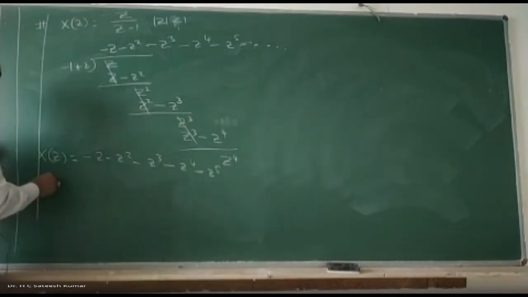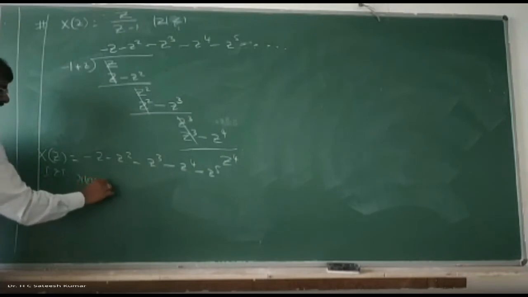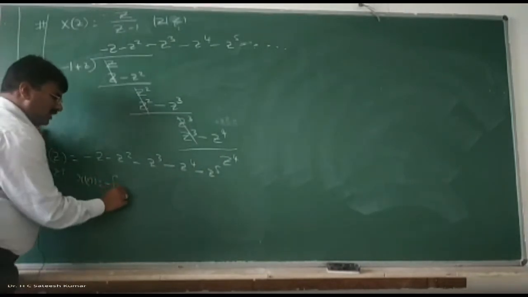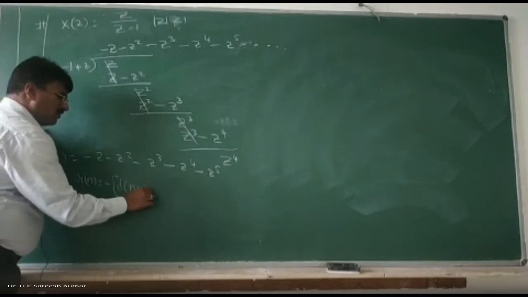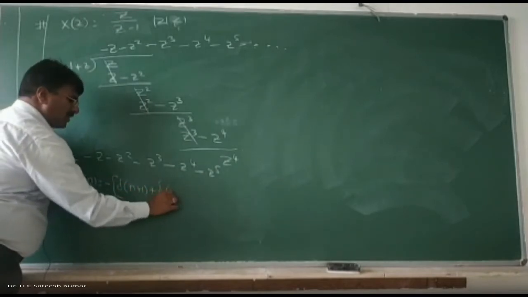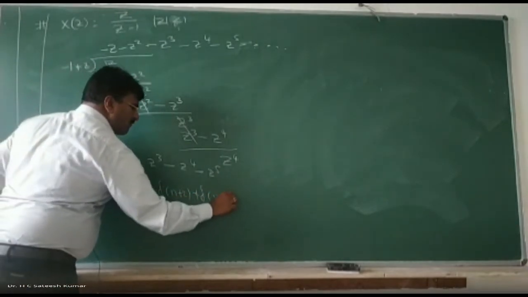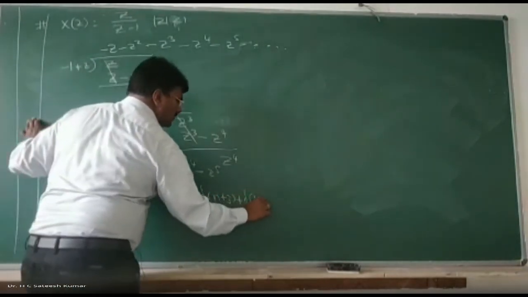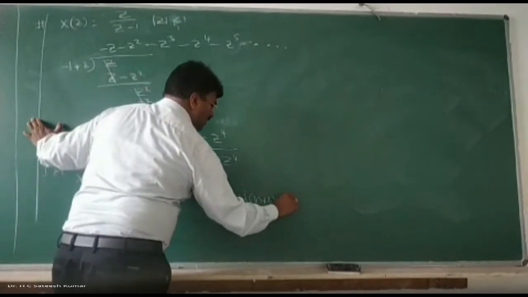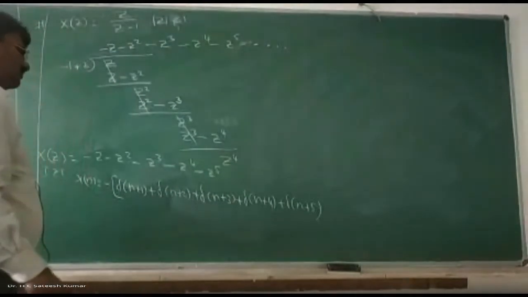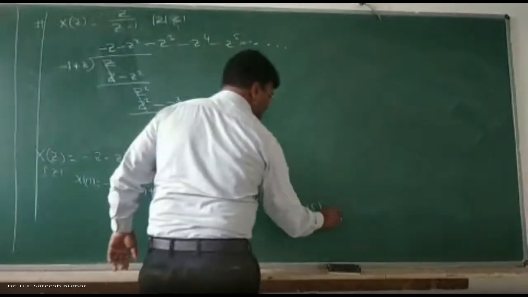You can take the inverse z transformation. X of n is equal to, take the minus sign outside. Inverse z transformation of z is what? Delta of n plus 1, plus delta of n plus 2, plus delta of n plus 3, plus delta of n plus 4, plus delta of n plus 5, plus so on.